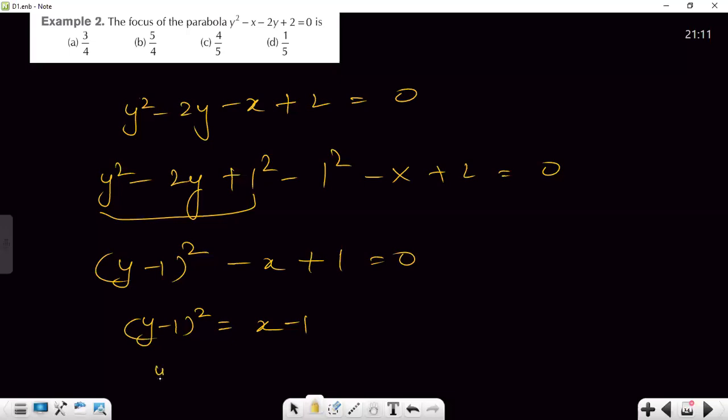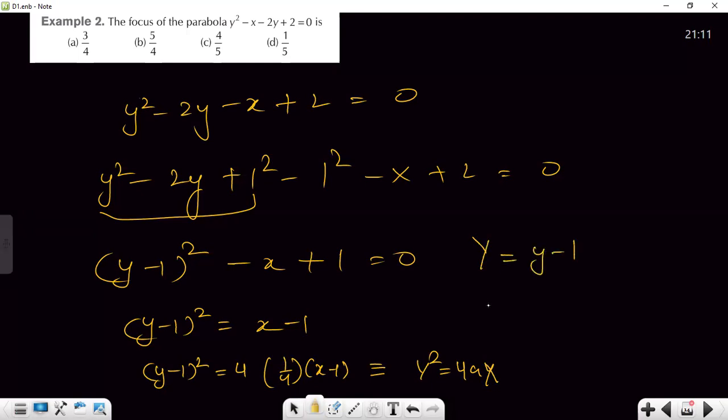Now let me write it in this format, 4 into 1 by 4 into x minus 1. Comparing this with y square equals 4ax, capital Y becomes y minus 1, a becomes 1 by 4 and capital X becomes x minus 1. According to this, the focus becomes 1 by 4, 0 as per capital X and capital Y. This is the focus.